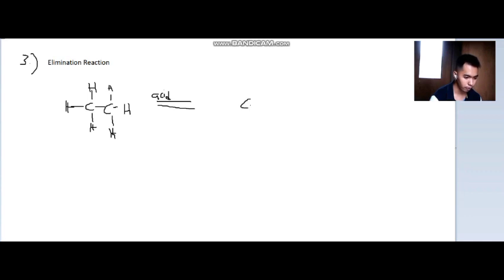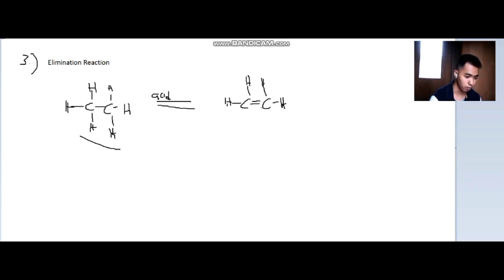It is going to remove the lower hydrogens of both carbons. So without these two hydrogens, they are forced to have a double bond.